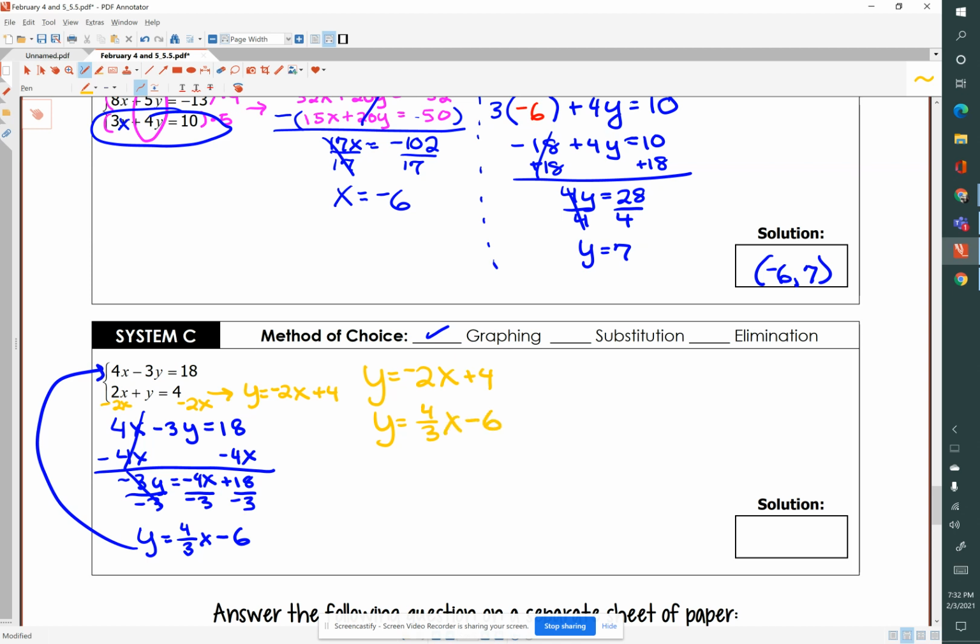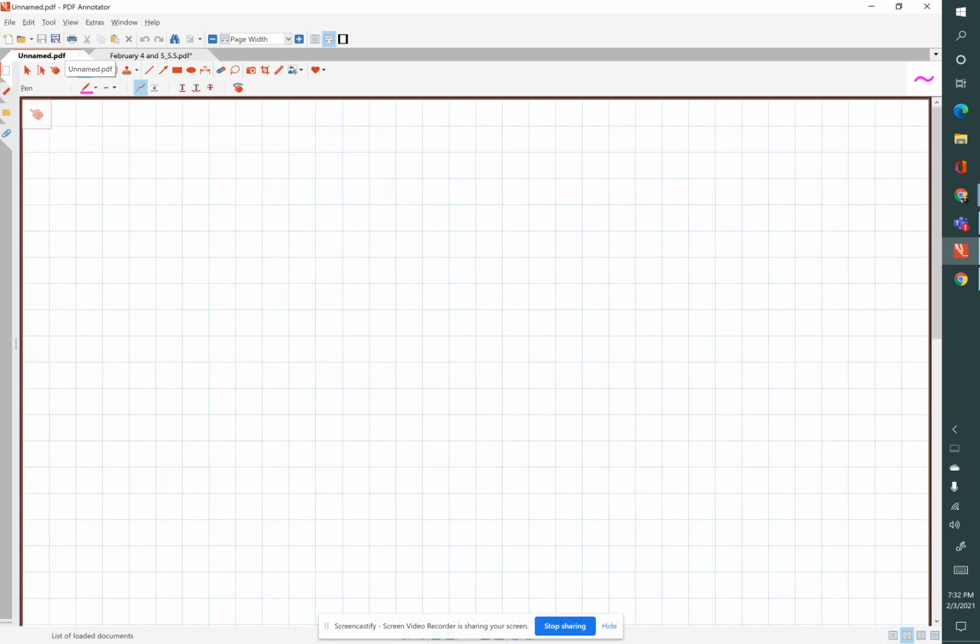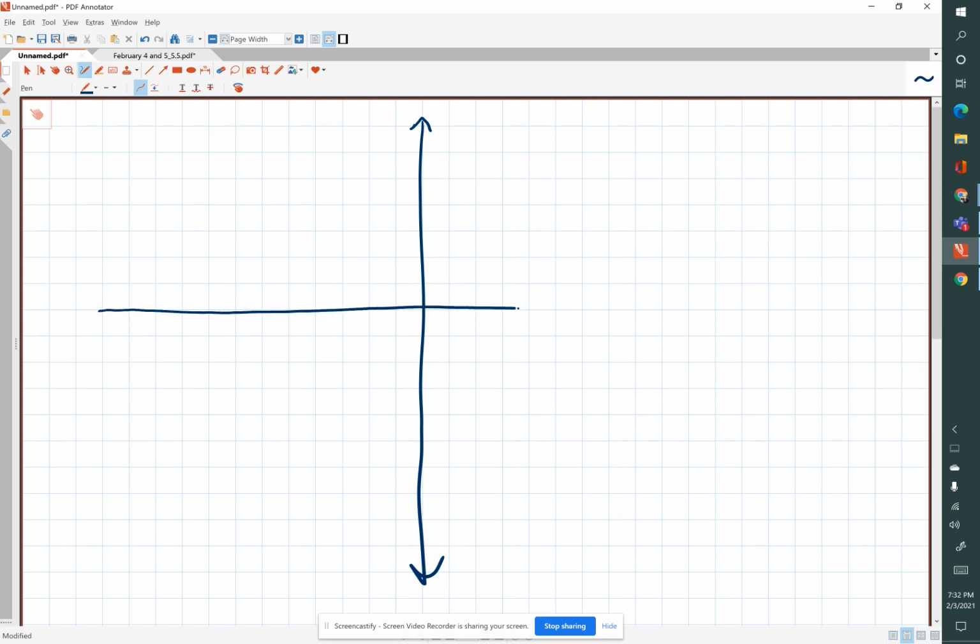So we're going to have to graph these by hand. I think hand graphing is good practice. I don't want you to just jump to Desmos. Let's hand graph them. So here's our y-axis, and here's our x-axis, and we'll make each one of these units equal 1.